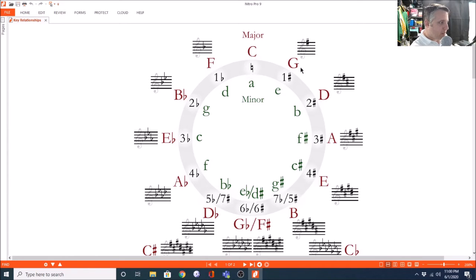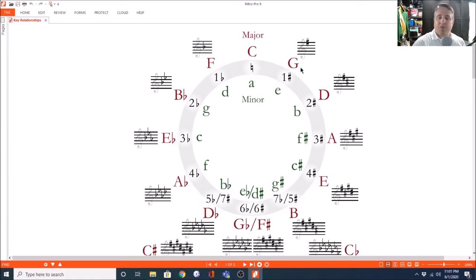That F wants to resolve down to E, which is the 3rd note of our C major scale. So you have 2 notes that want to resolve. That's that dominant function, accomplished with leading tones.